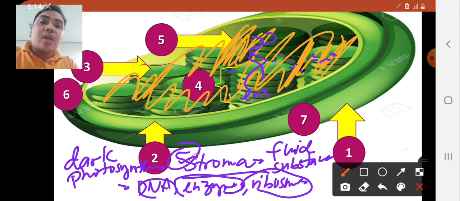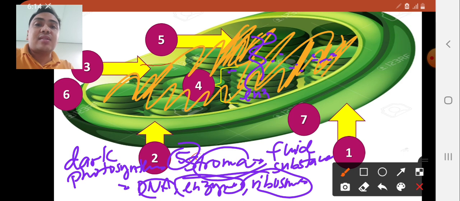Just keep in mind that photosynthesis can be divided into two phases, light reaction and dark reaction. The site of the light reaction is the thylakoid, and the site of the dark reaction is the stroma, which is the fluid substance that surrounds the entire thylakoid.